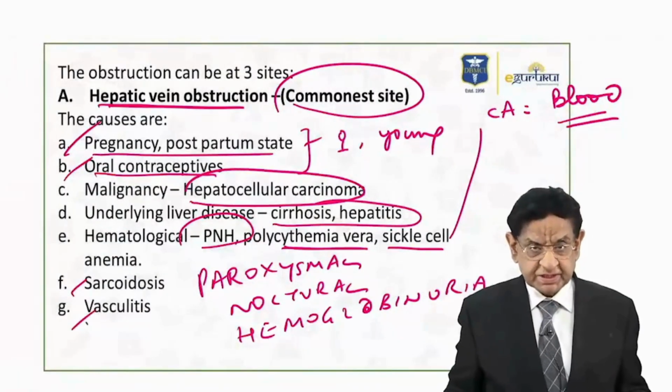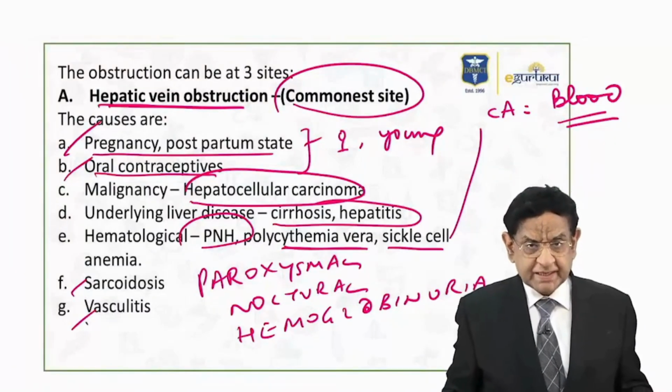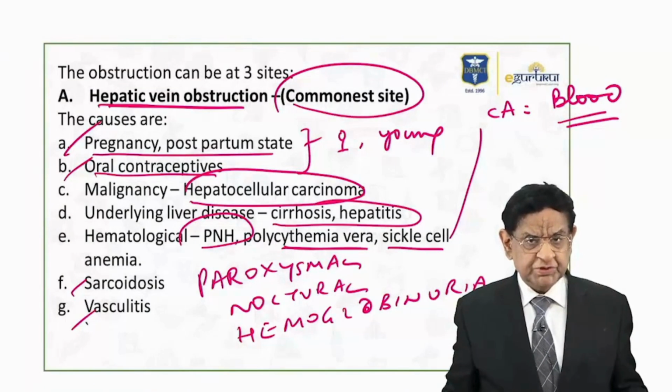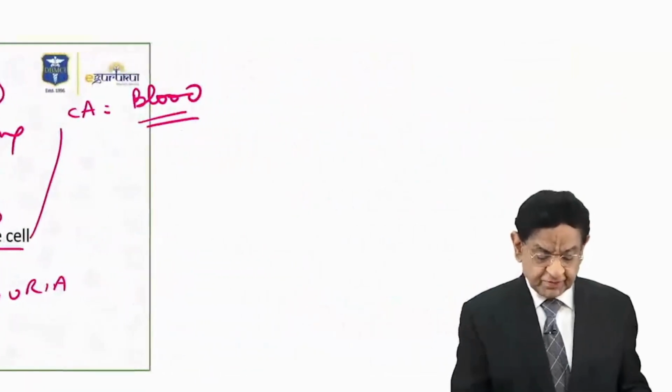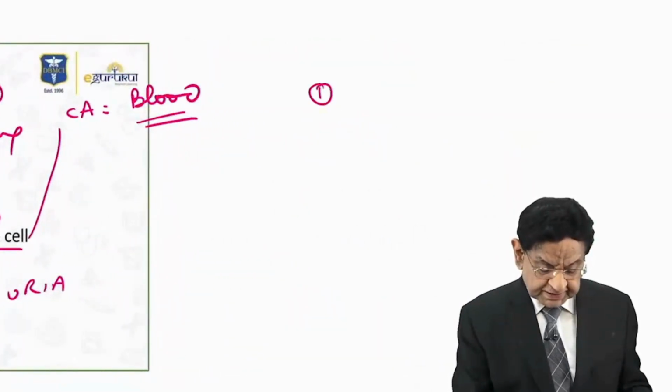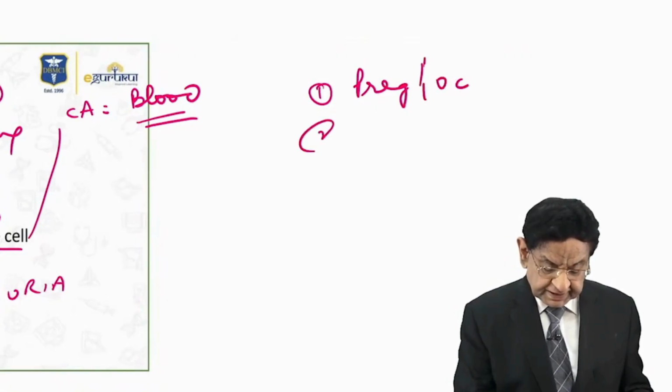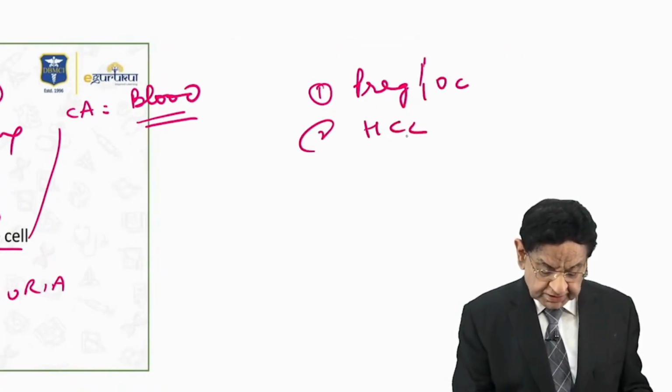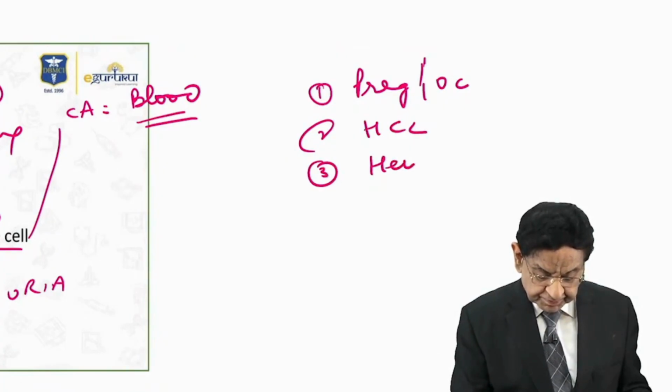There are some of the conditions. So by and large, if I have to give you three words, the one key word is pregnancy, oral contraceptive. Second is hepatocellular carcinoma. Third is the hematological condition.